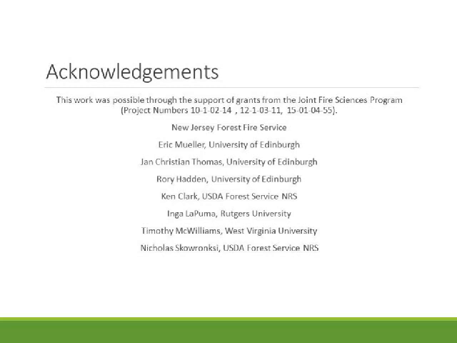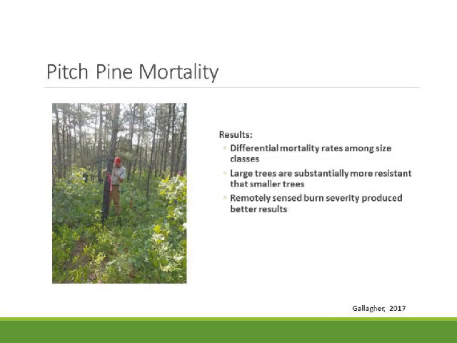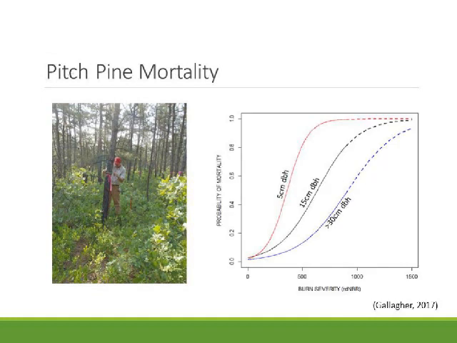And I forgot to point out in that figure, let me see if I can find it here. Here in the figure, if you can see where the dotted line is, these solid lines turn into dotted lines. That is where our data cuts off. So everything that's dotted there is estimated based on the relationships that we observed for lower severity fires, but we actually didn't have a ton of extremely high severity fire available during our study.